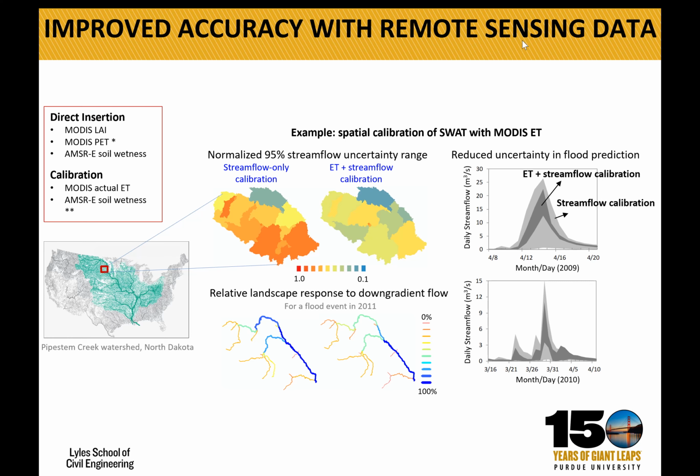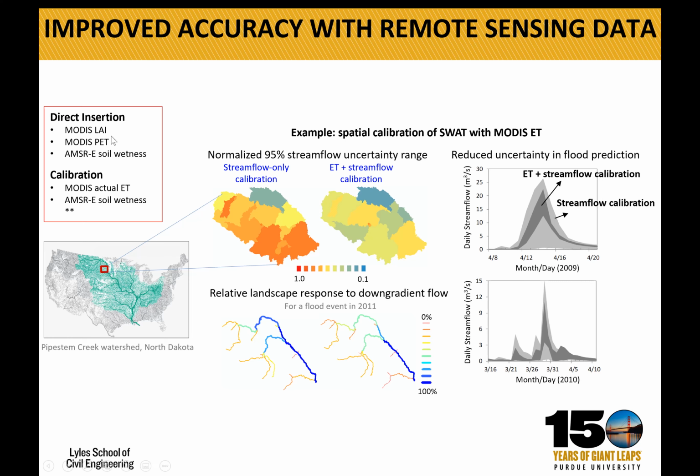So what we tried to do in this case was, instead of just calibrating the model using stream flow or runoff, we brought in leaf area index, we brought in potential evapotranspiration, and we brought in soil moisture. So that way we are able to not just relate one flux, we are able to calibrate and relate multiple fluxes and create a model that has more physical meaning.